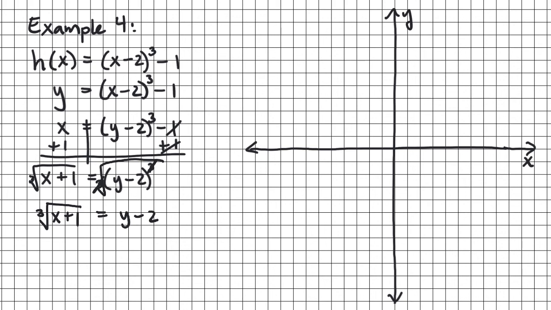And then to solve for y, I'm going to add 2 and add 2. And so these 2's are going to cancel, and I'm going to be left with y equals the cube root of x plus 1 plus 2. Right, the cube root of x plus 1 plus 2. And then the last step is to replace the y with the inverse function notation.